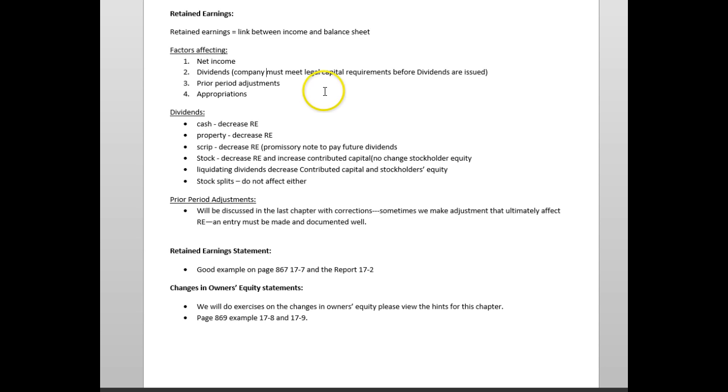You have to be very careful about meeting the legal requirements before the dividends are issued. You have prior period adjustments that affect the retained earnings, and then appropriations. We're going to go back to this legal capital. There are times when a board will declare a certain amount of retained earnings not available for distribution, and these are the appropriations here.